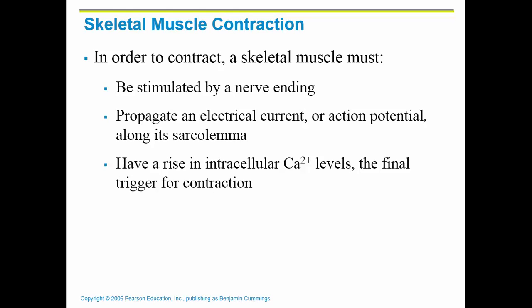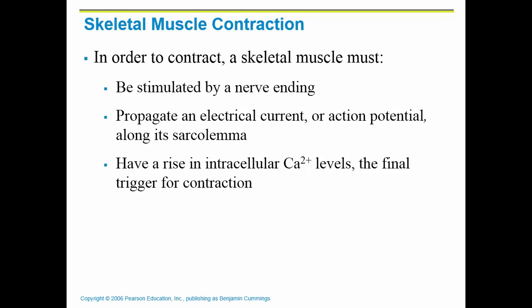But what the nerve ending is doing, it is propagating an electrical current. So neurons are going to be sending an electrical message or action potential along the sarcolemma. And the sarcolemma is the cell membrane of a muscle cell.